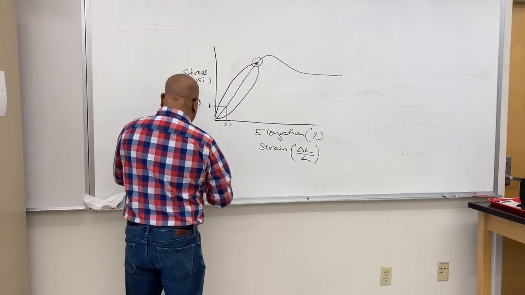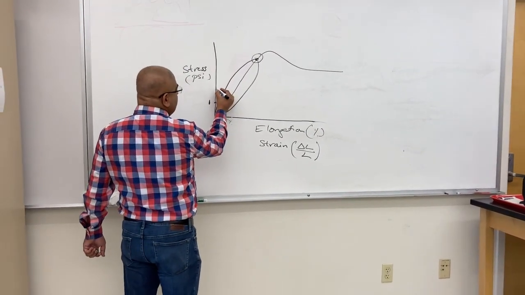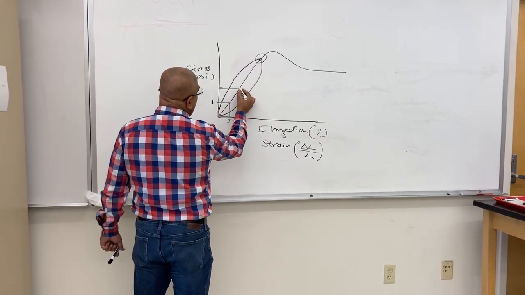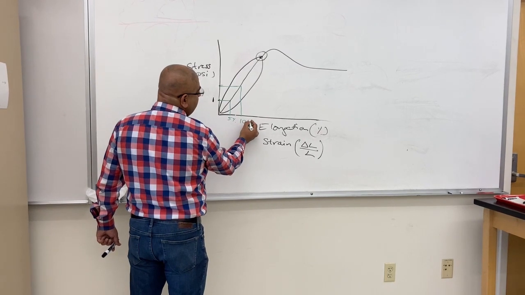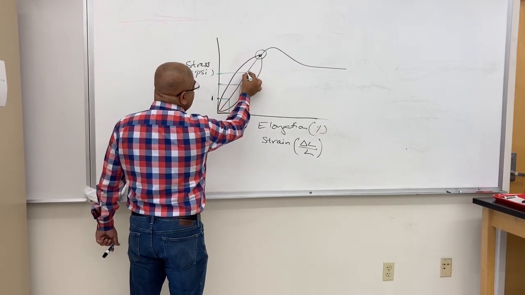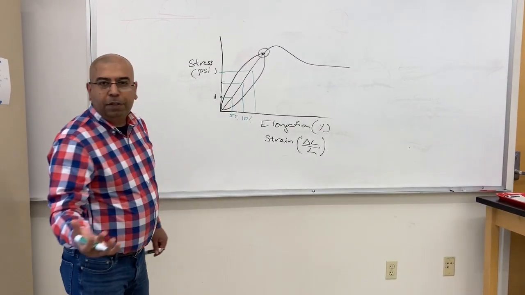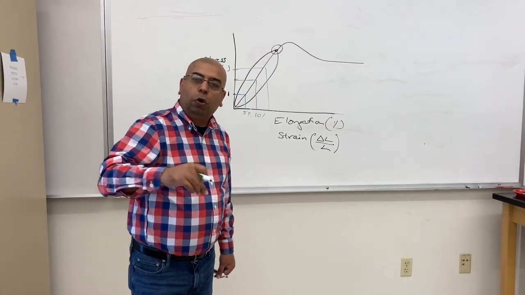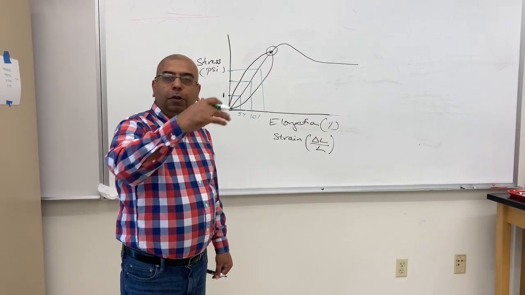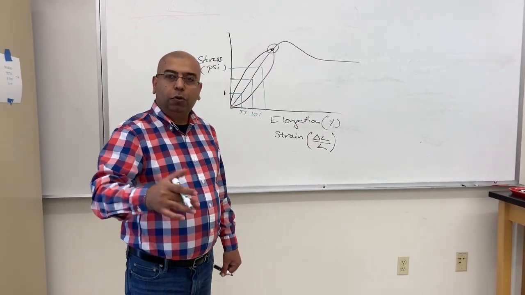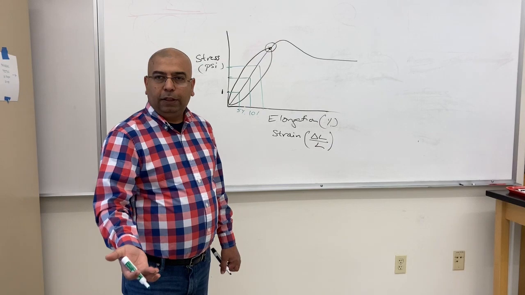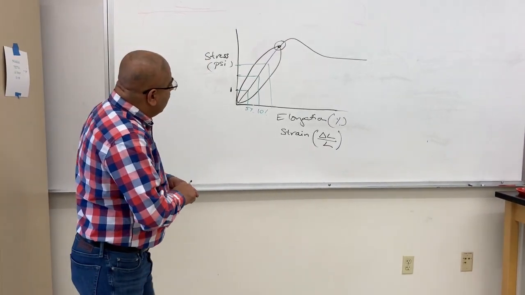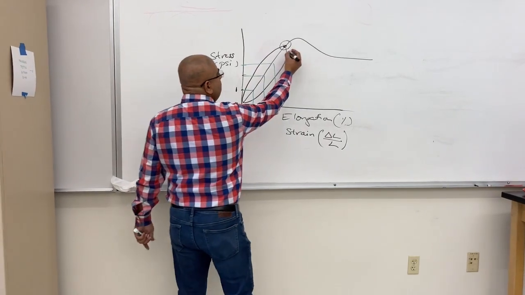Now, if I have 2 psi, then I have 10% elongation. I have 3 psi, I have 15% elongation. So that's what I mean by linear relationship, or we also call it proportional relationship. So stress is directly proportional to strain in this case. So now this is the proportional limit.